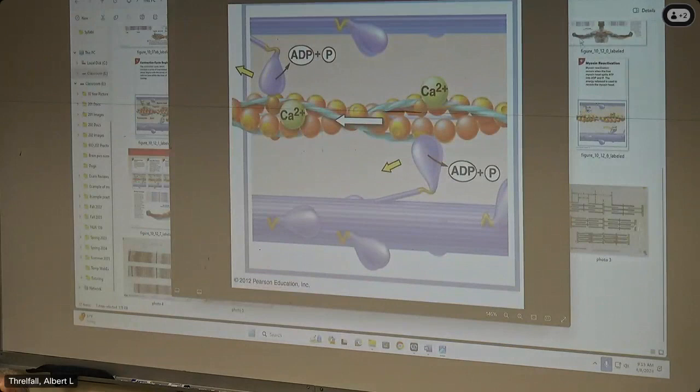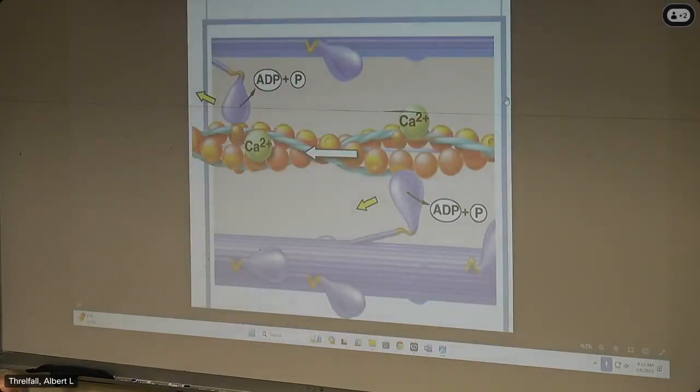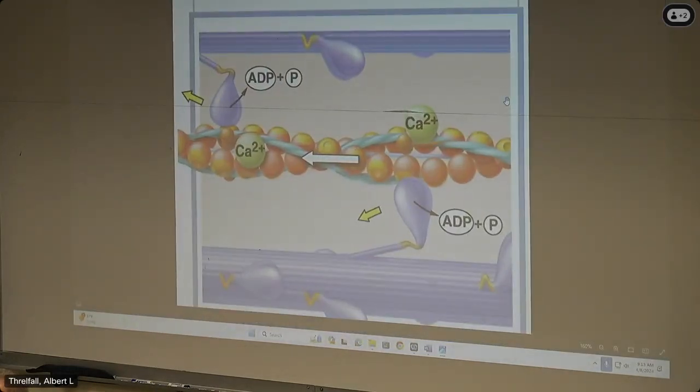In picture number 4, we see the heads releasing the ADP and the phosphate.